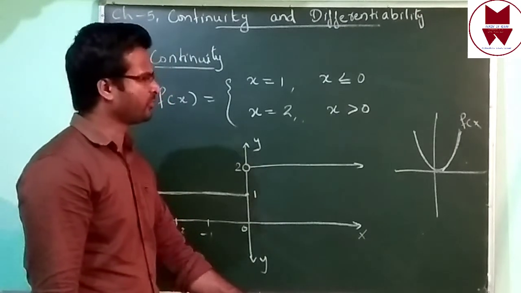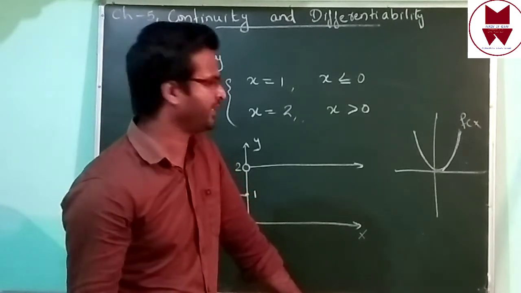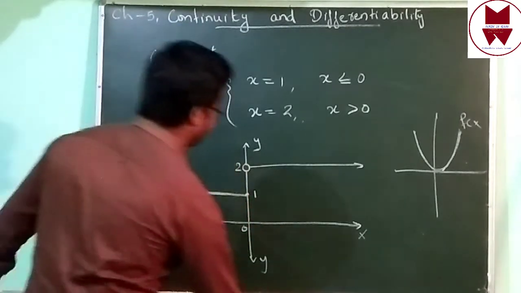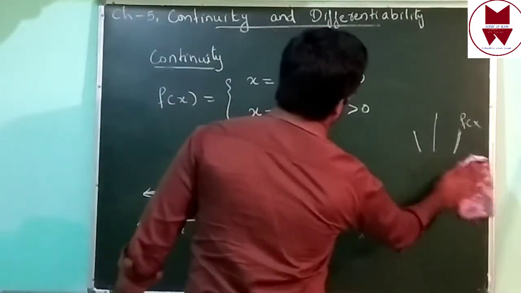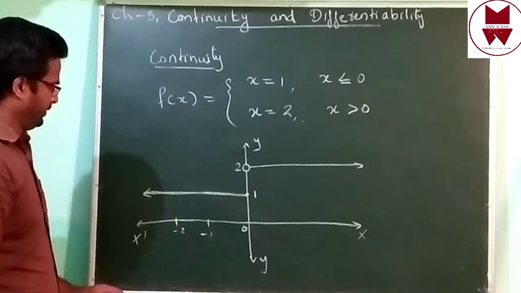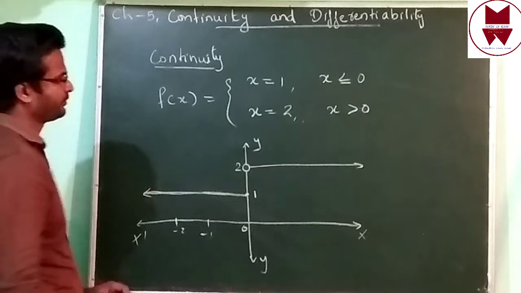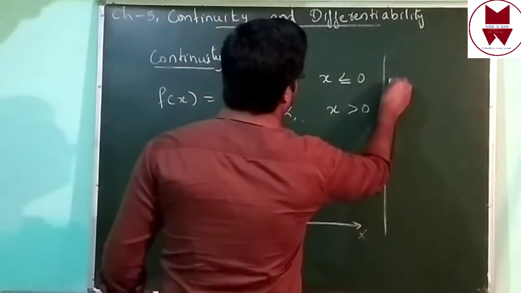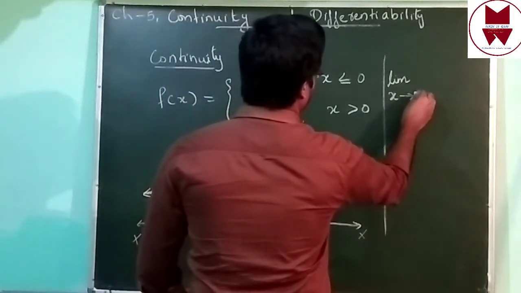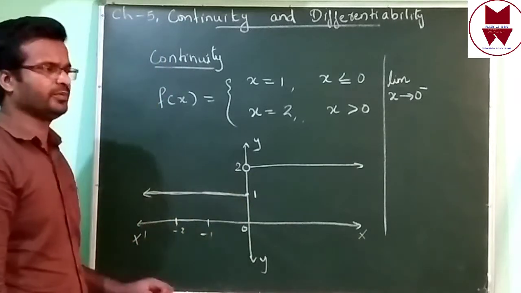Then, we cannot always draw the graph. At that time what will we do? How can we find out whether a function is continuous or not? We can see that. Here, left side of 0: limit x tending to 0 minus of f of x. Why am I using 0 minus? Because that is the left side of 0.